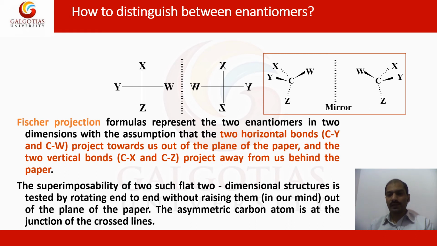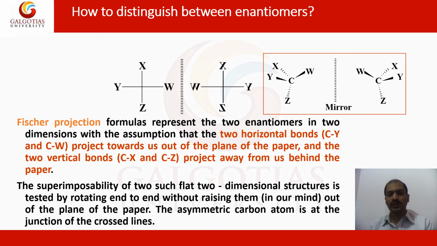Here you just need to keep in mind that if it is in this fashion, assume this is one plane and the other plane is the rear side. These two are the rear side of the particular carbon, and these are towards the object, meaning towards you, as we are watching from here, because this is a 2D structure.